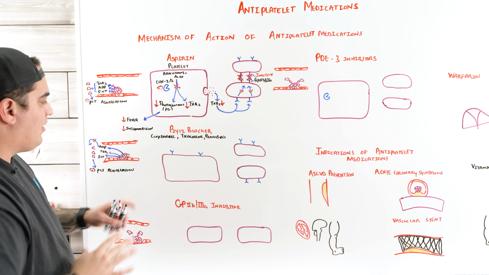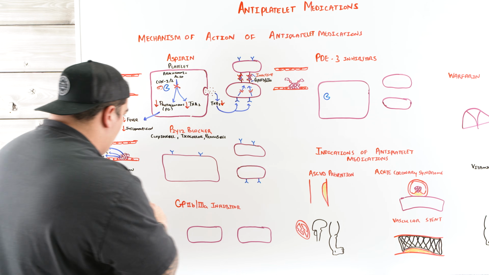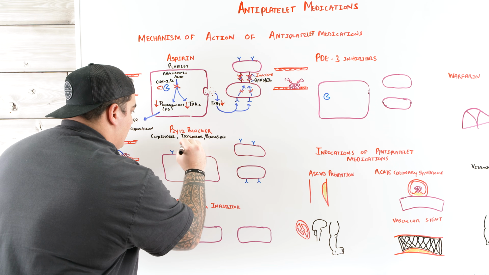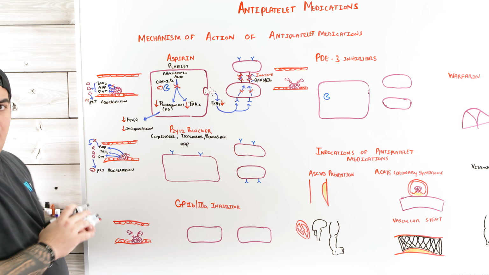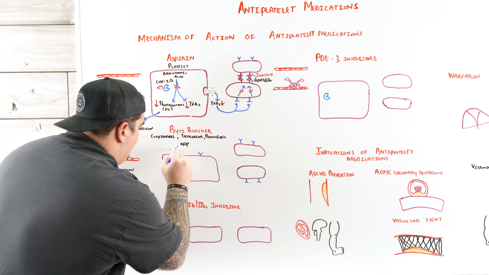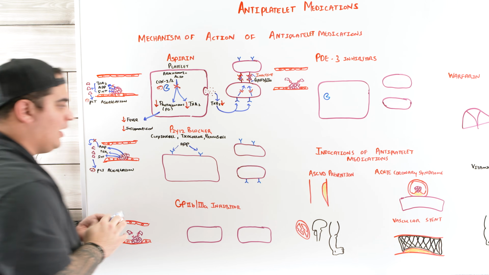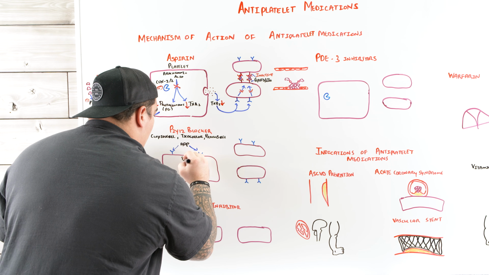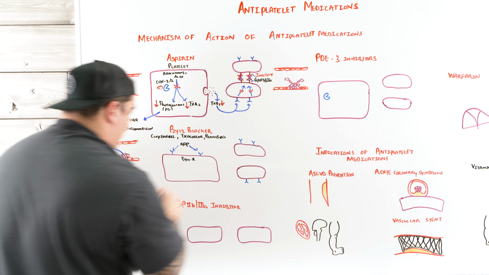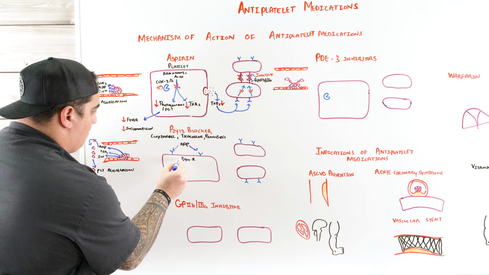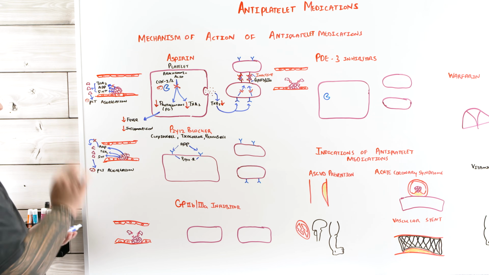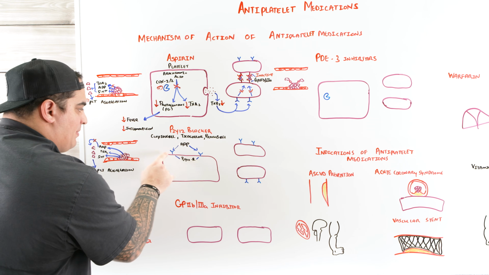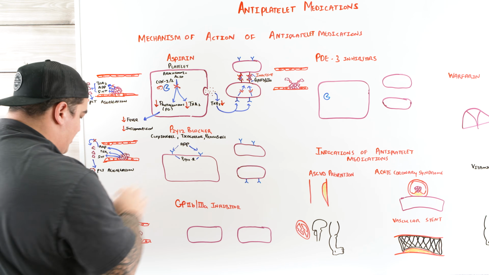Now, how exactly? All right. Here's your ADP, released from a platelet. It'll go over here and act on this platelet. There's a receptor here, and this receptor is called the P2Y12 receptor. That's what these little puppies are right here. ADP is supposed to act on the P2Y12 receptor and activate it.